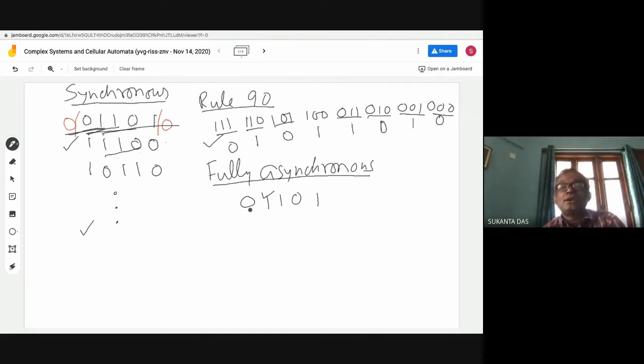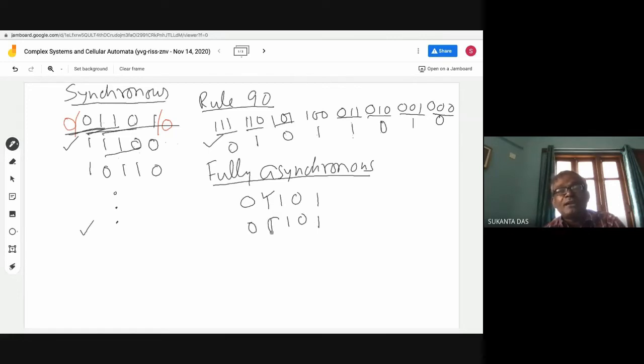Suppose this cell is chosen, then what will happen? So you get 0 1 1. First of all, the rest of the cells will remain unchanged. But this cell is chosen, so 0 1 1. What is 0 1 1? 0 1 1 is 1. So this cell is updated only, but the rest of the cells remain the same.